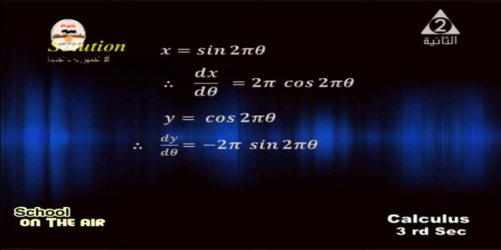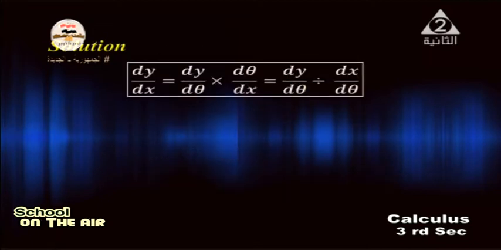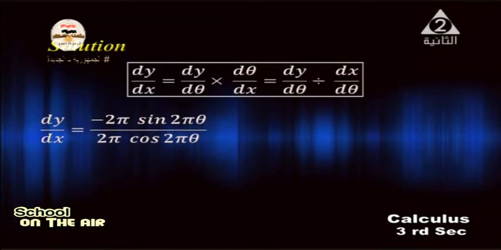Now dy/dx equals dy/dθ times dθ/dx, or equals dy/dθ divided by dx/dθ. Then dy/dx equals negative 2π sine 2πθ, which is the derivative of y with respect to θ, over 2π cosine 2πθ, which is the derivative of x with respect to θ.